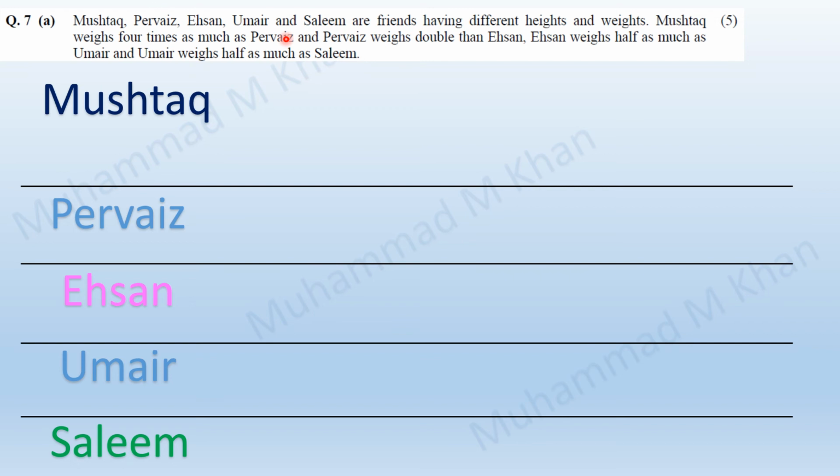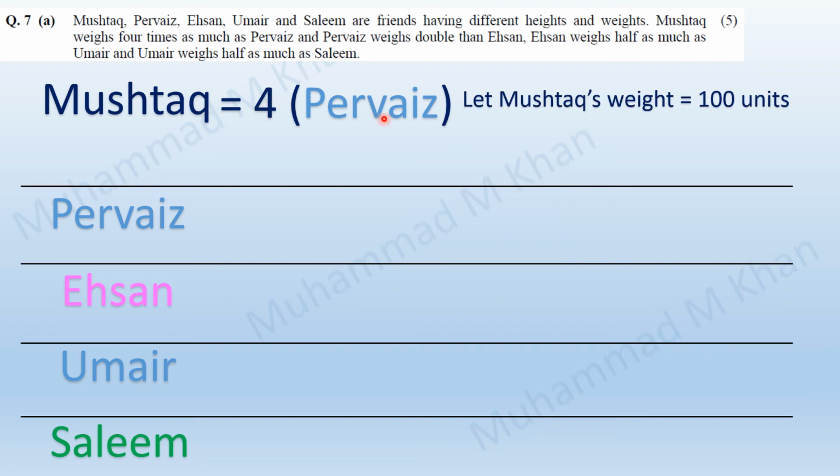Now the key to solving this question is first to assume the weight of Mushtaq, and then, putting in the values, we can work out the weight of every individual in the question. We put this information in a mathematical expression: Mushtaq weighs 4 times as much as Parvez, so the weight of Mushtaq will be equal to 4 multiplied by the weight of Parvez.